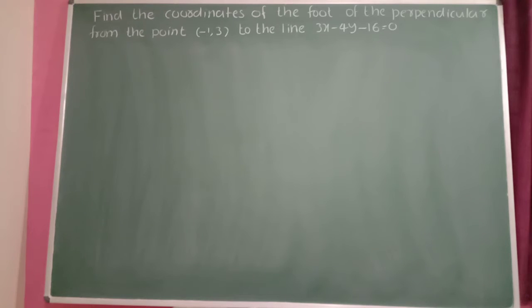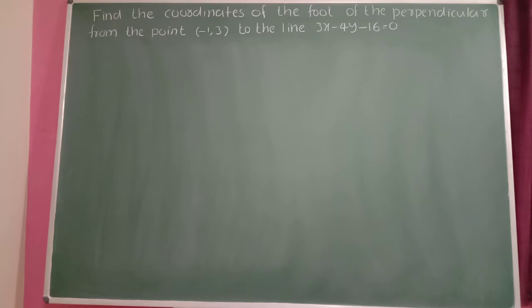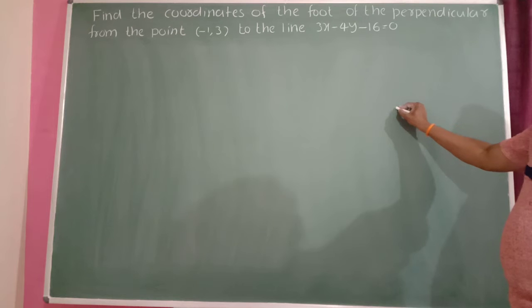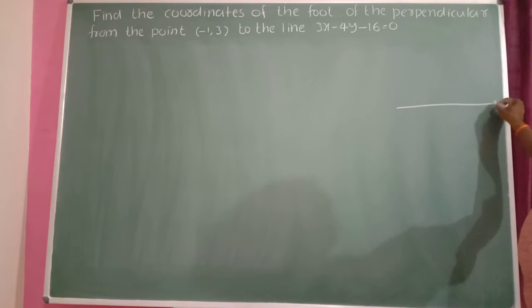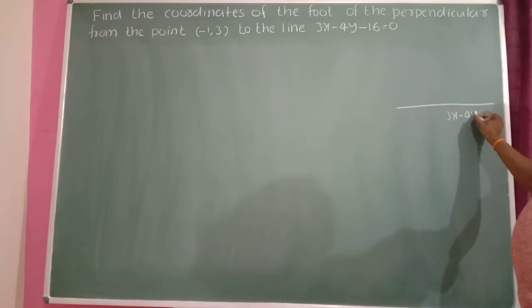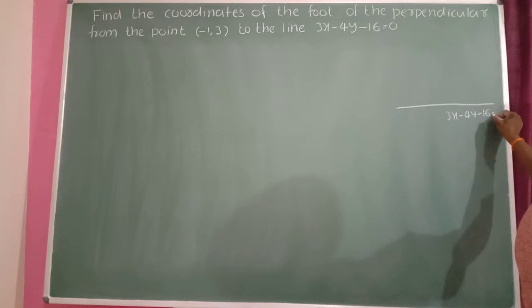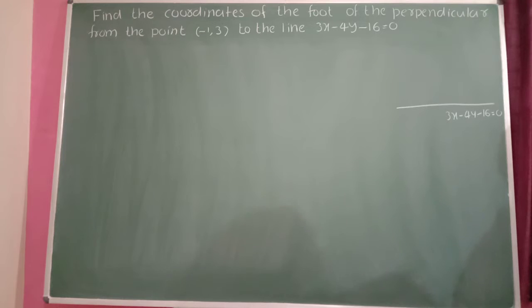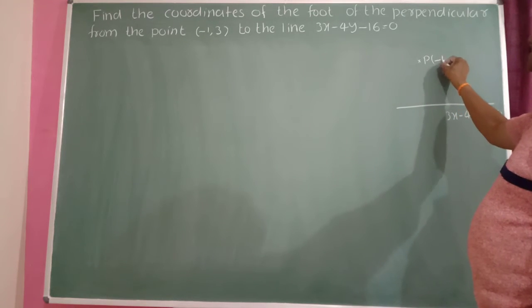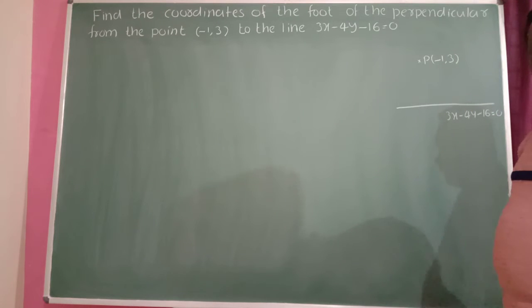Next, find the coordinates of the foot of the perpendicular from the point (-1, 3) to the line 3x minus 4y minus 16 equal to 0. Meaning here, this is the line, its equation is 3x minus 4y minus 16 is equal to 0, and here is one point P(-1, 3).